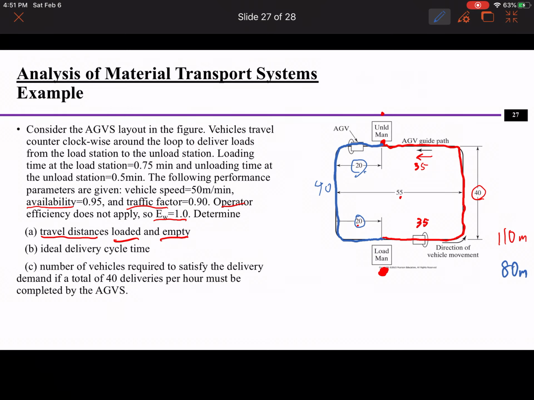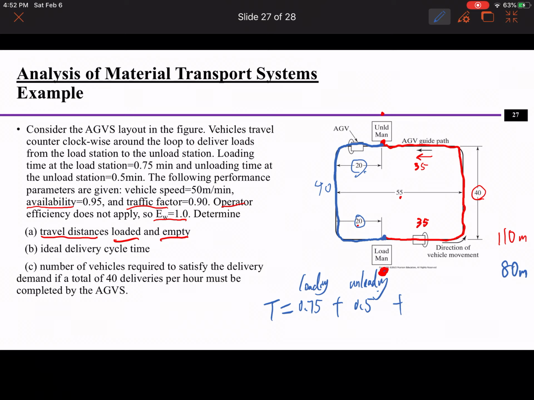Well, if you want to calculate the delivery cycle time, we know the cycle time equals the loading time, which is 0.75, plus the unloading time, which is 0.5, plus the transportation time from here to here, the red line.